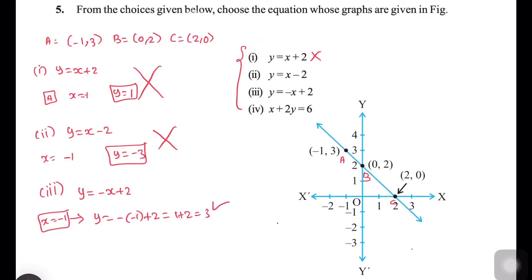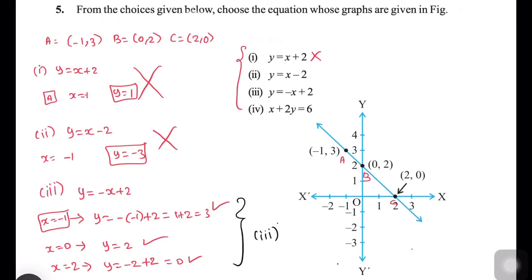Now check point B. If x is equal to 0, we get y is equal to 2. So this one is also satisfied. Then the third point, C. If x is equal to 2, y is equal to minus 2 plus 2, so finally we get 0. So this condition is also satisfied. So option 3 is the correct answer.